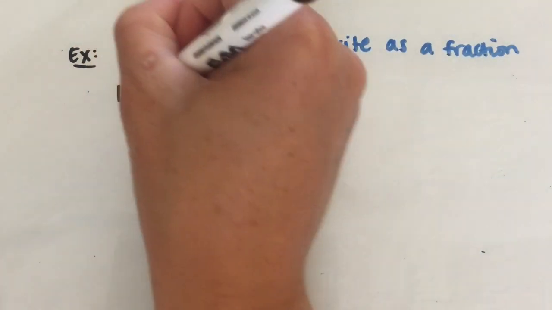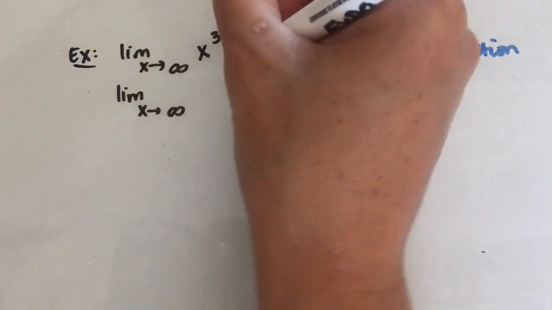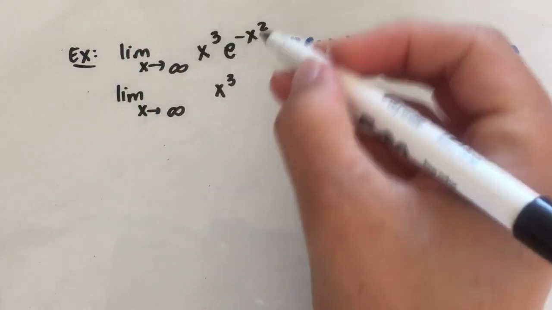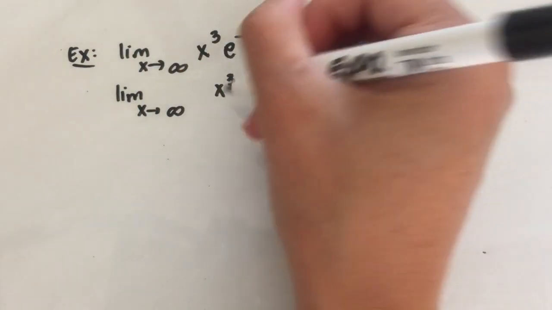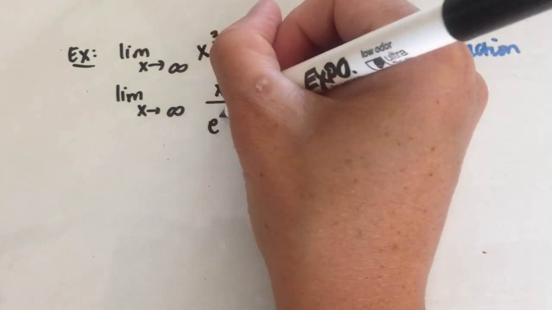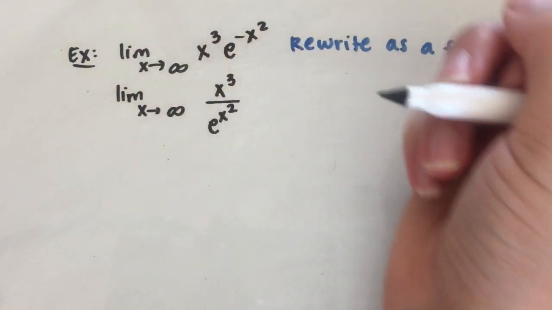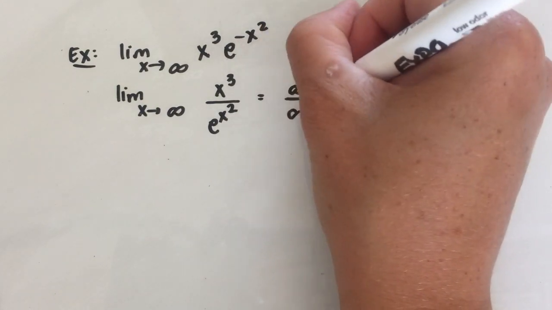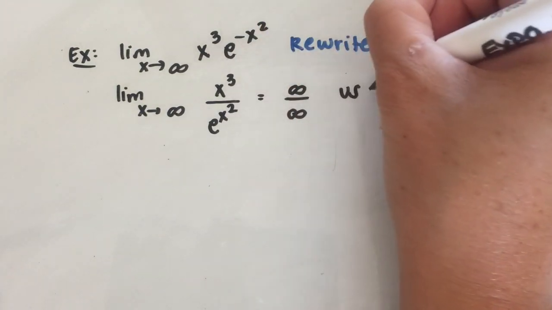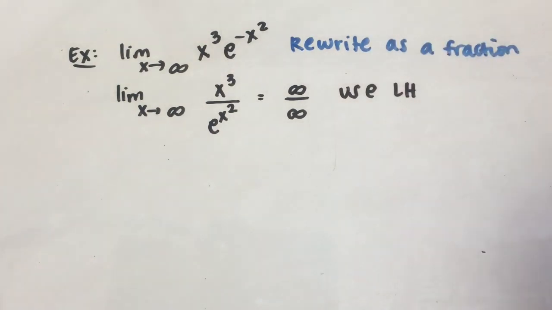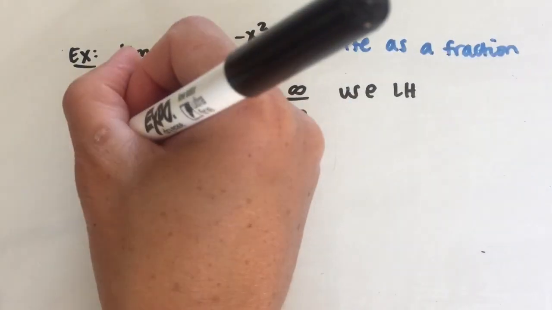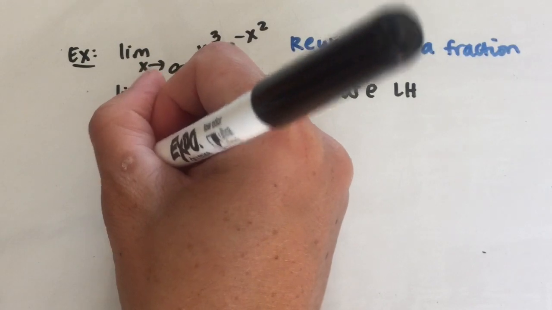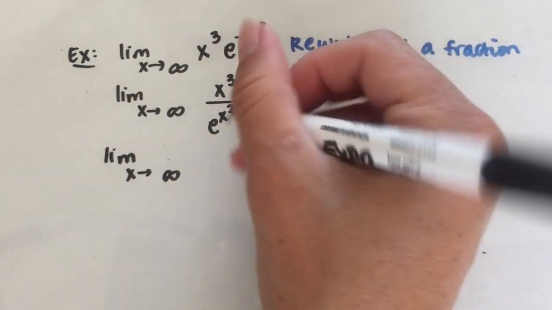So I can write this as the limit as x goes to infinity of x cubed divided by e to the x squared. And this is because when we have a negative power, if we bring it to the denominator, we can make the power positive. And now I see that if I were to plug in infinity, I would get infinity over infinity. So I know to take the derivative of the top and bottom at this point.